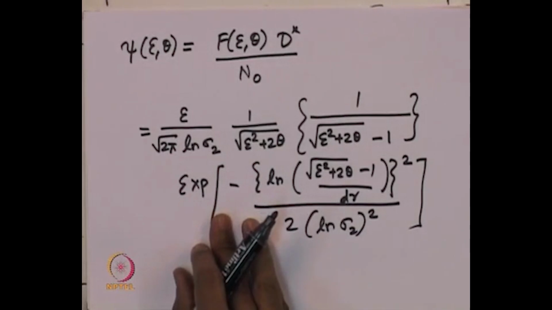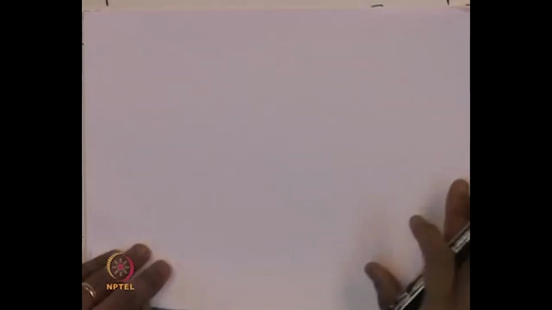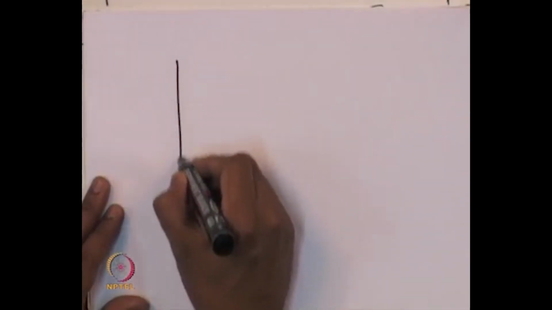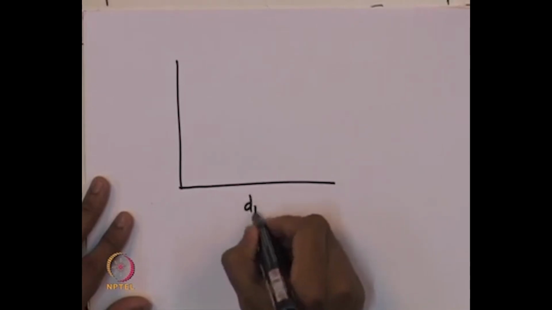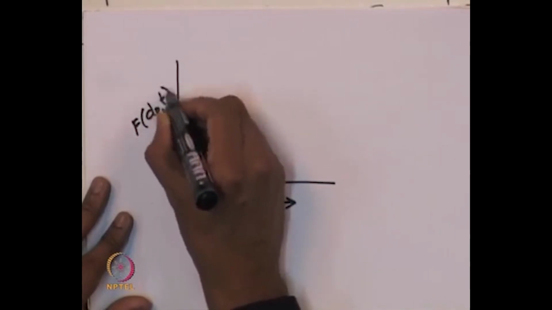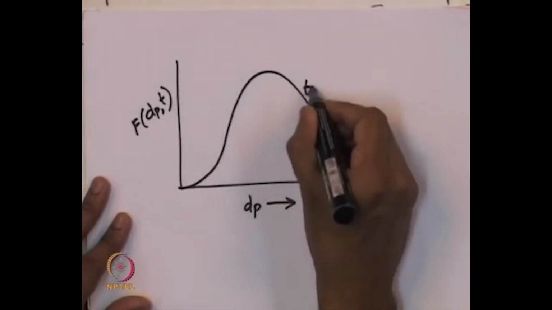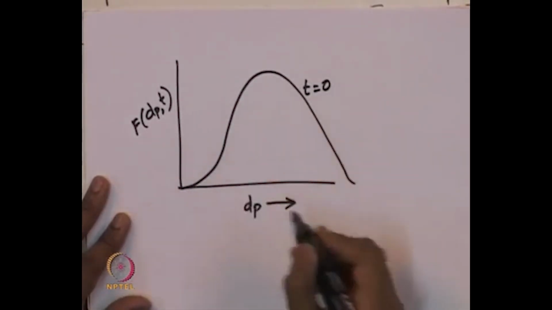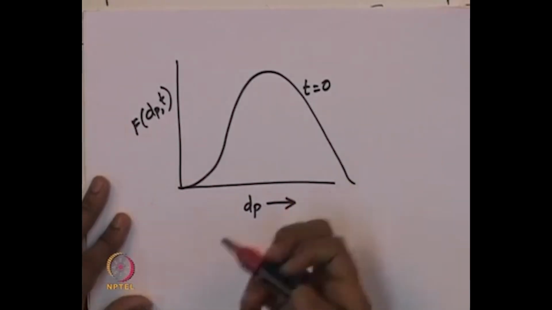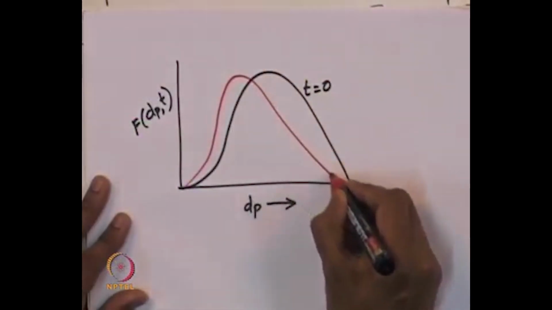So, once we know this distribution, we can look at the distribution profiles as a function of time. Suppose this is dp, the particle diameter, and this is f of dp comma time, and this is the initial distribution, time t equal to 0. Then as time progresses, all the particles undergo dissolution because of the heterogeneous reaction, and so the distribution changes.